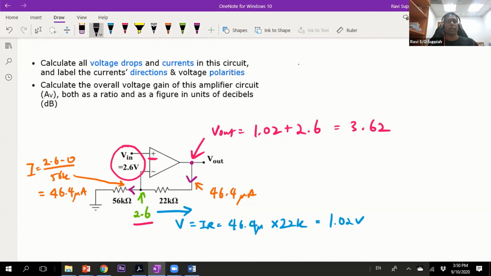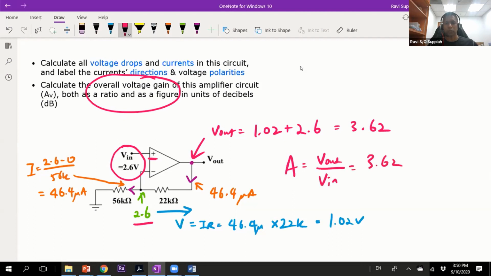In terms of the gain, they ask you to calculate the overall voltage gain. The gain is given as V out over V in, so it's 3.62 over 2.6, and that is 1.393, which is in terms of ratio.